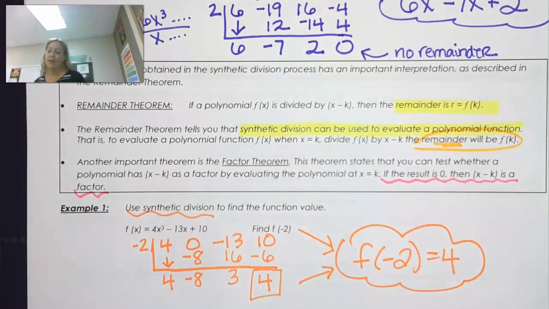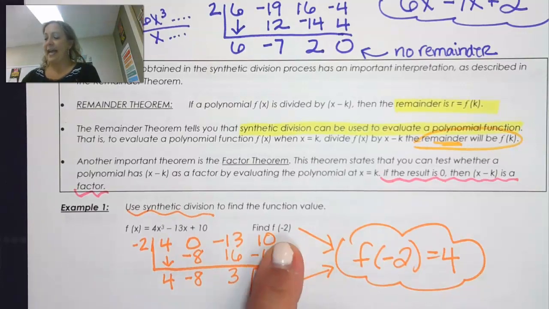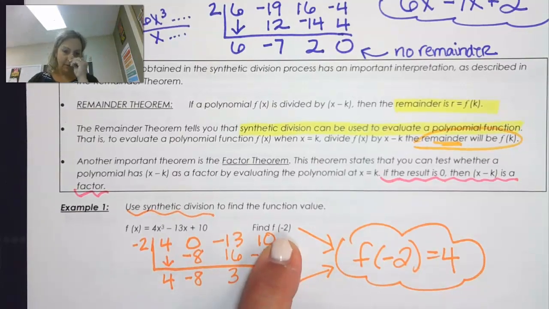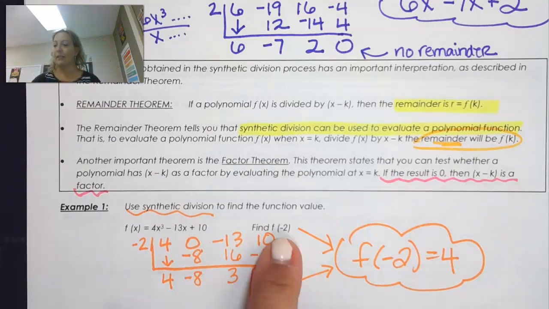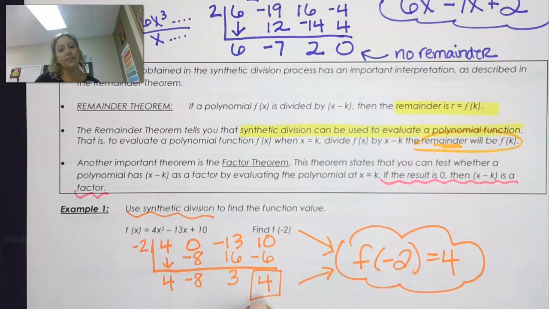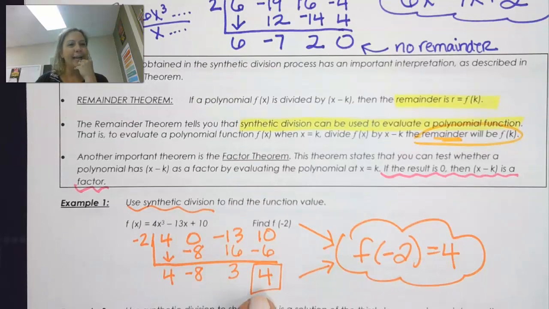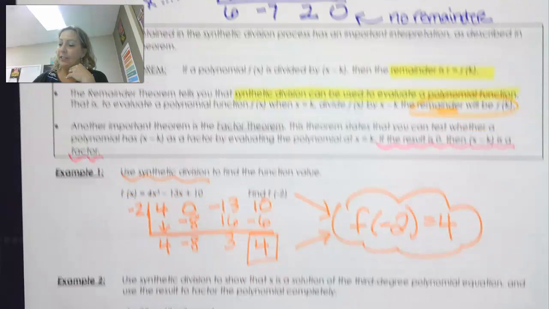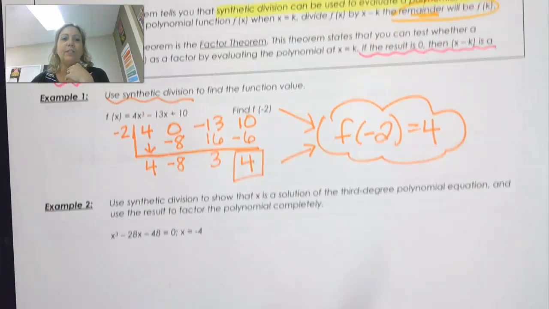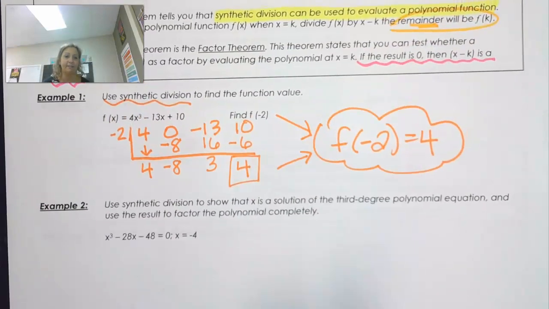So this f of negative 2 that we did in example 1 would correspond to the divisor x plus 2. Because there was a remainder, that means x plus 2 is not a factor of this polynomial.